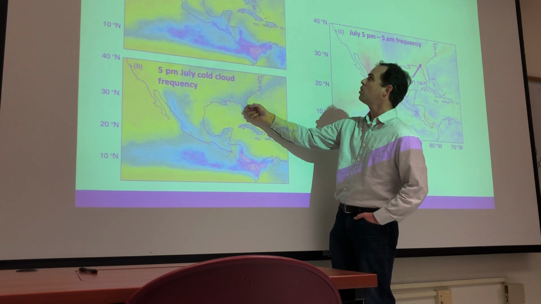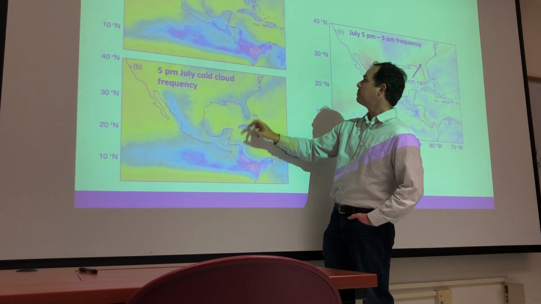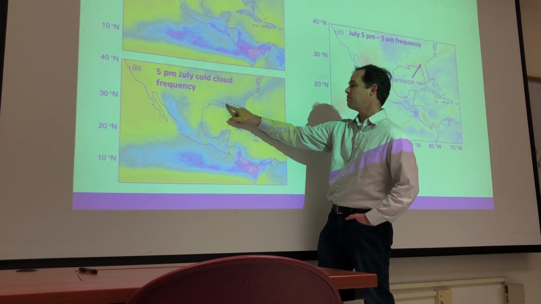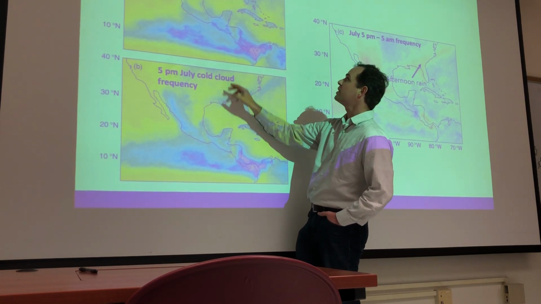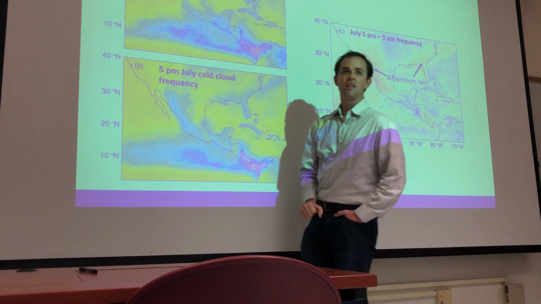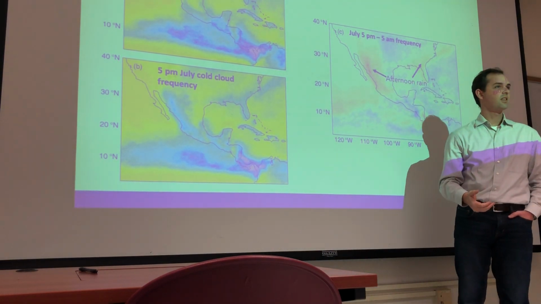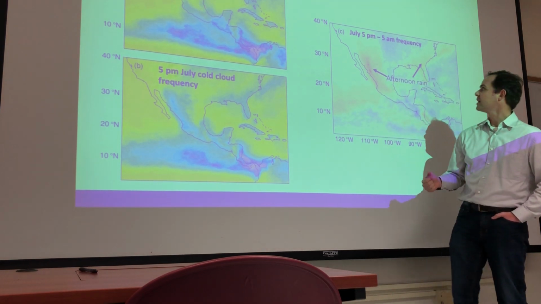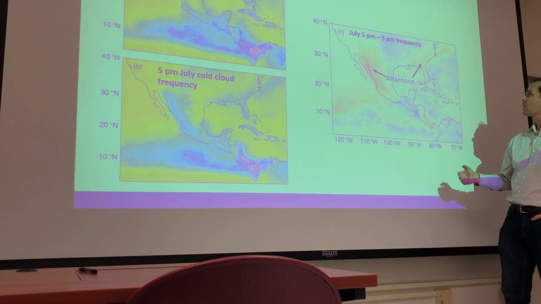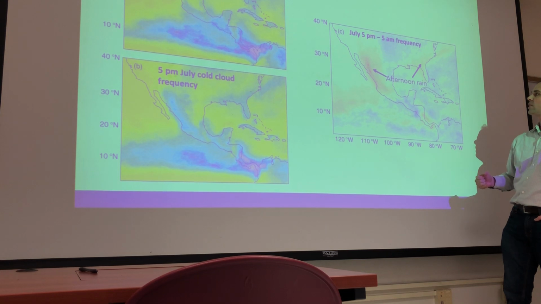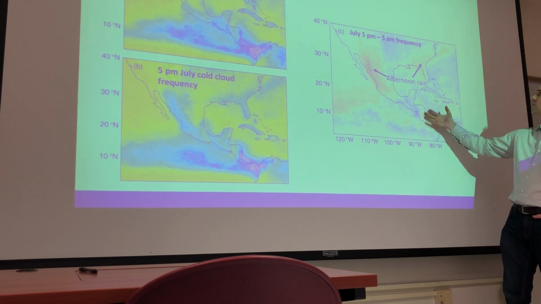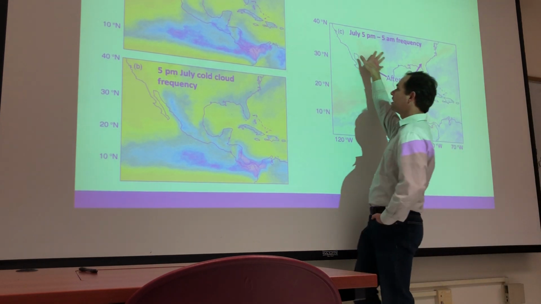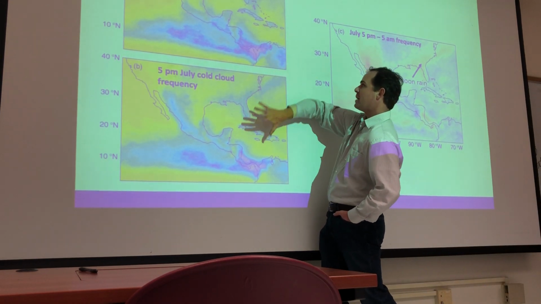If we come closer to home, the effect is not as dramatic, but if you look down here, you see relatively more clouds in the afternoon in the southeast US than you do in the morning. So again, an indication that we have these convective clouds that are being driven by this land-sea breeze. This here is the difference between these two maps.